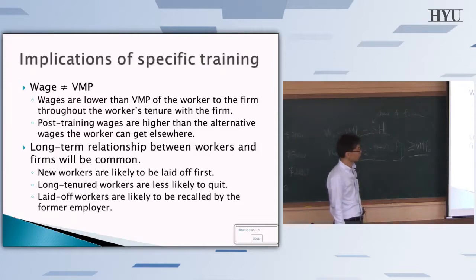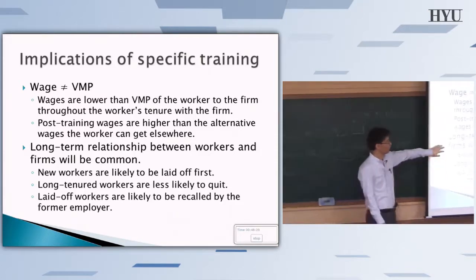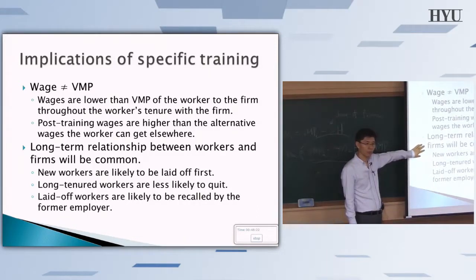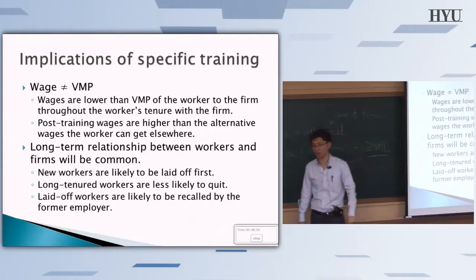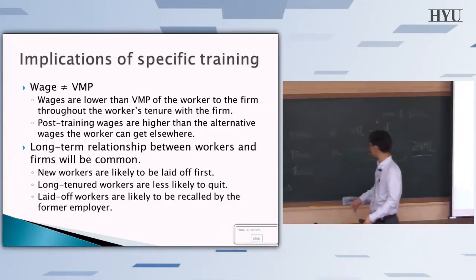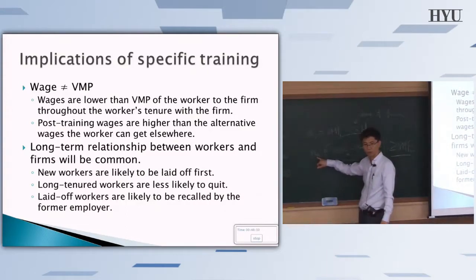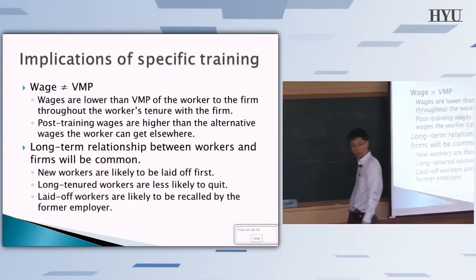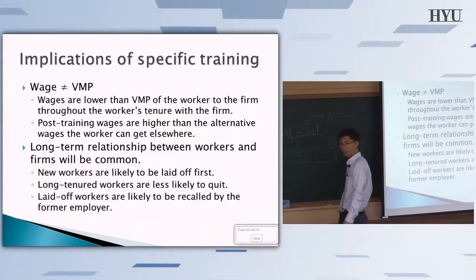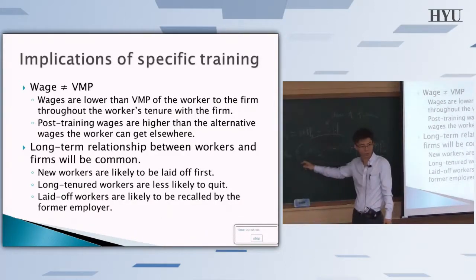So from the employer and employee relationship, with the specific training, workers and firms both benefit from maintaining this relationship. Why? From the workers' point of view, this W2 is better than BMP0. It's better than what they can get elsewhere, so they have an incentive just to stay with this company.